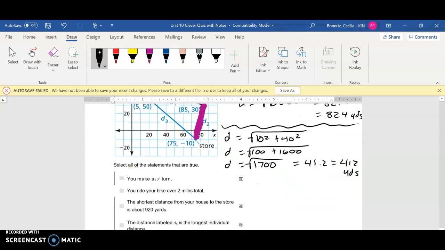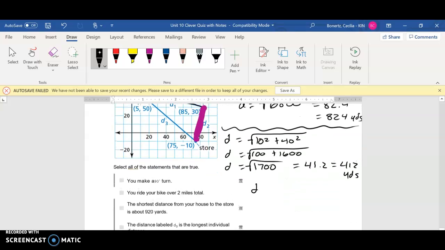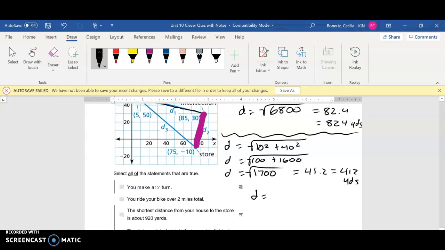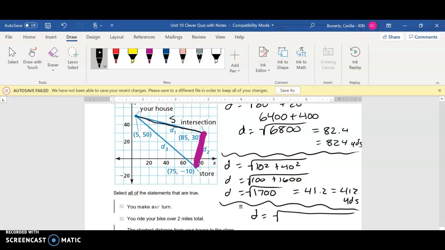And then I'm going to do that last distance, which is the square root. So this one was 824, this one was 412, and this last distance right here is going to be from 5 to 75, which is 70 squared, 50 to negative 10, which is 60 squared.